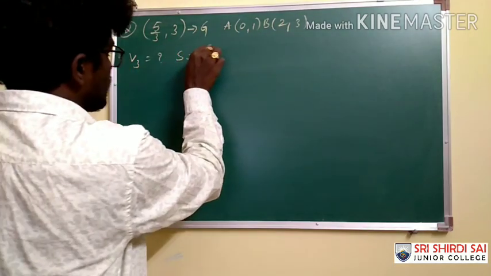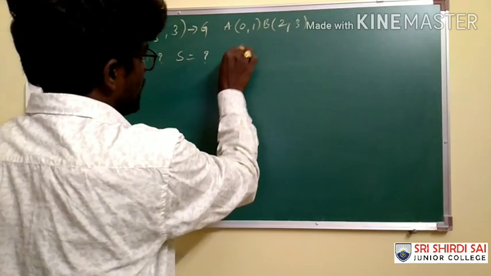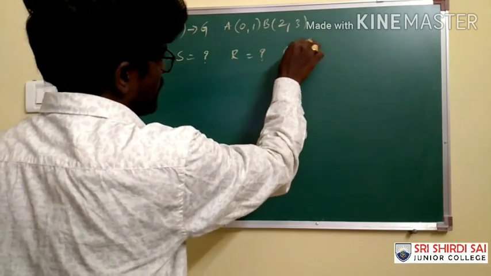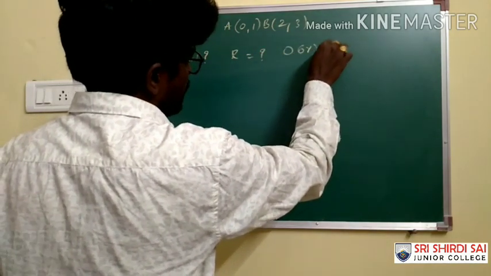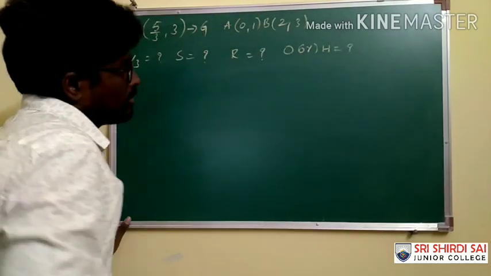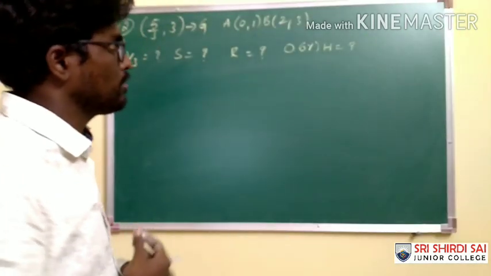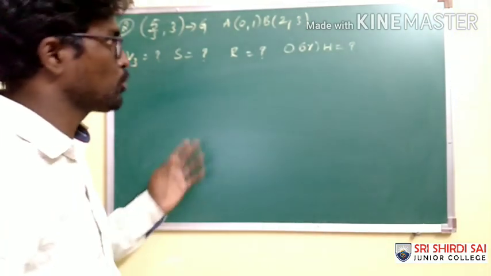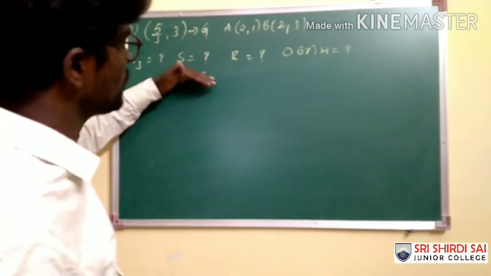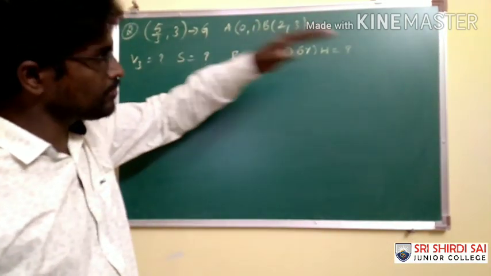What is circumcenter? S. Circumradius capital R, orthocenter either O or H. It is one particular problem only, but indirectly you are solving 4 problems. One is the vertex 3, circumcenter, circumradius and orthocenter.